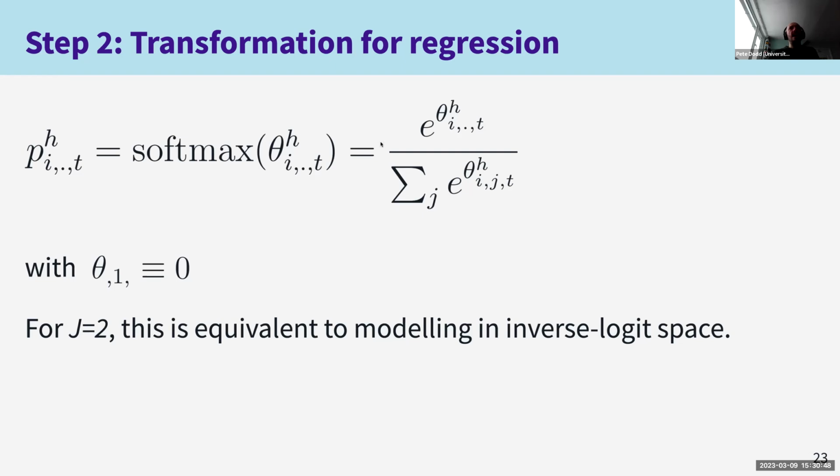But here, because we're not just doing regression on one thing, we've got a few things to transform at once. So this softmax, which some of you may have seen, if you have two dimensions, is like a logit or inverse logit transformation.